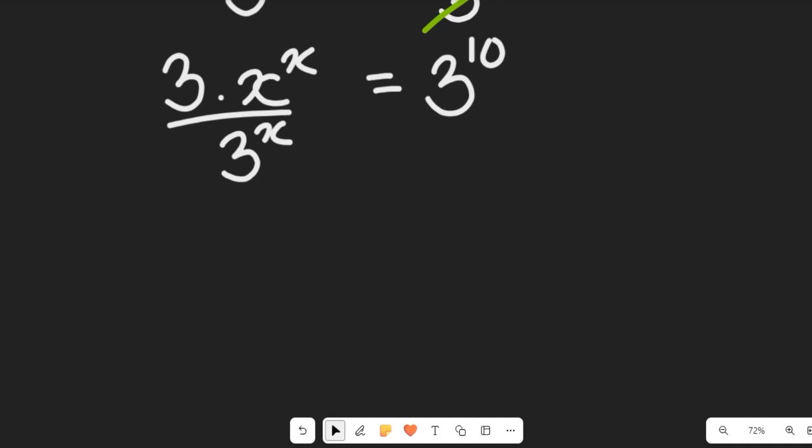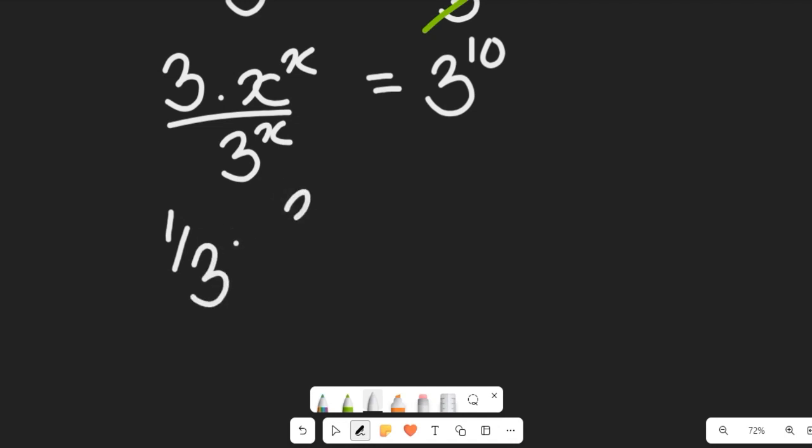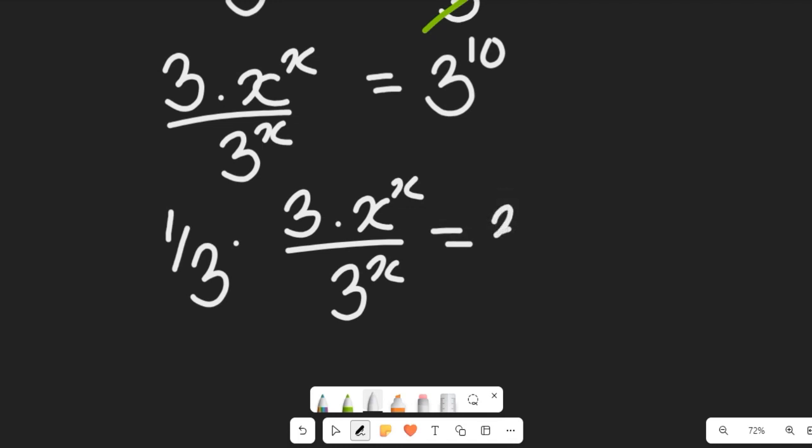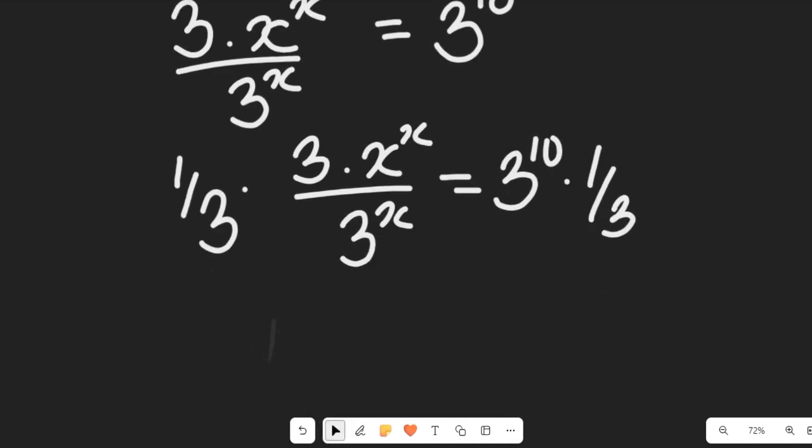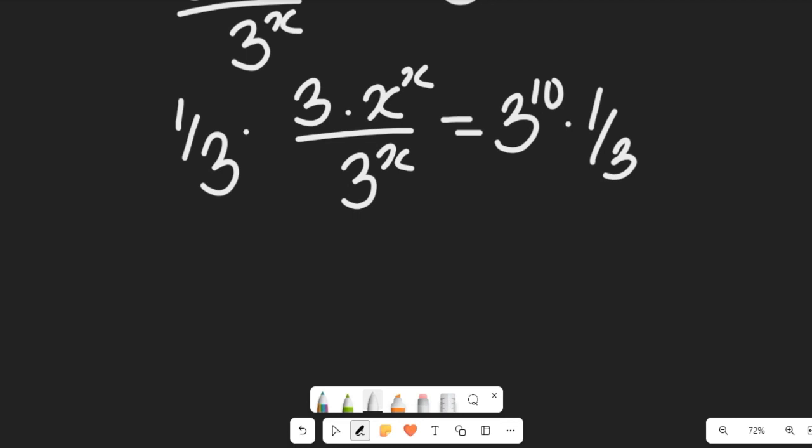And now to do away with that value of 3, we need to multiply both sides by 1 divided by 3. And that will give us 1 divided by 3 multiplied by 3 multiplied by x to the power of x divided by 3 to the power of x, and this will be equal to 3 to the power of 10 multiplied by 1 divided by 3, because whatever we do to the left hand side, we must definitely do to the right hand side.